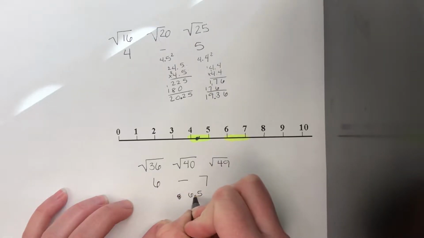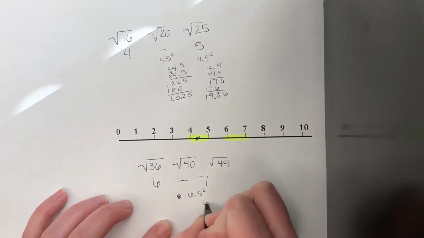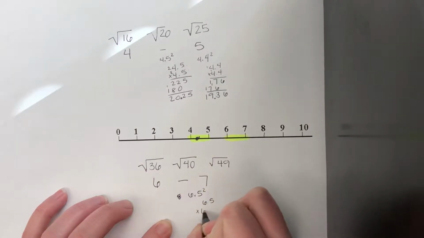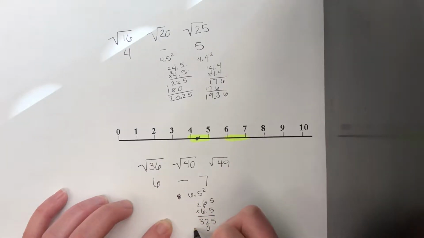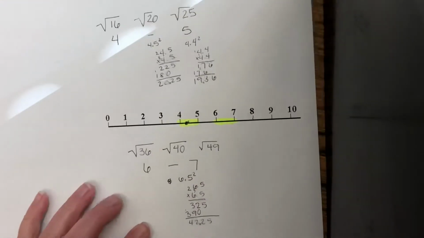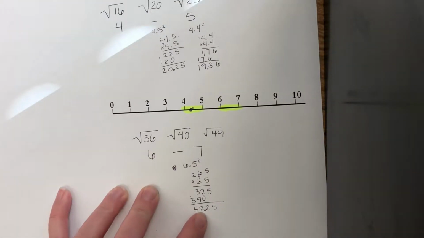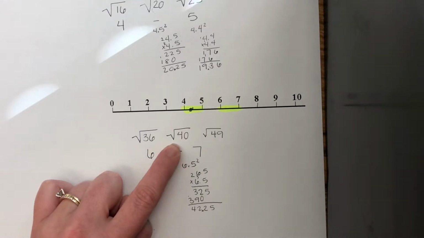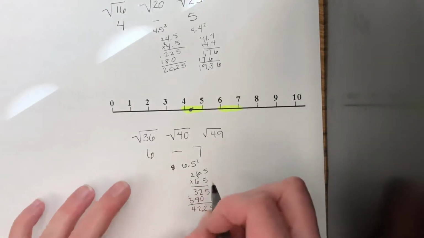Let's go right in half, 6.5 squared. So 6.5 times 6.5. Two numbers behind the decimal. I got 42.25. Well, that's too high.